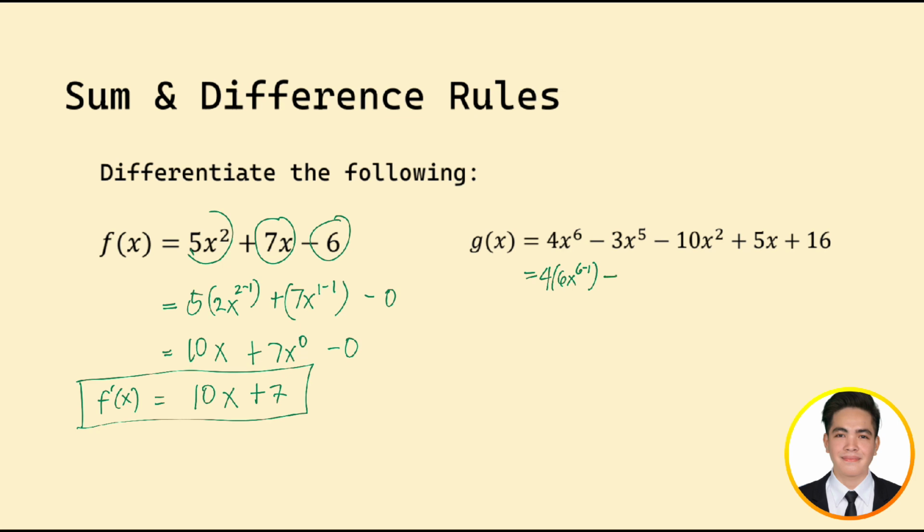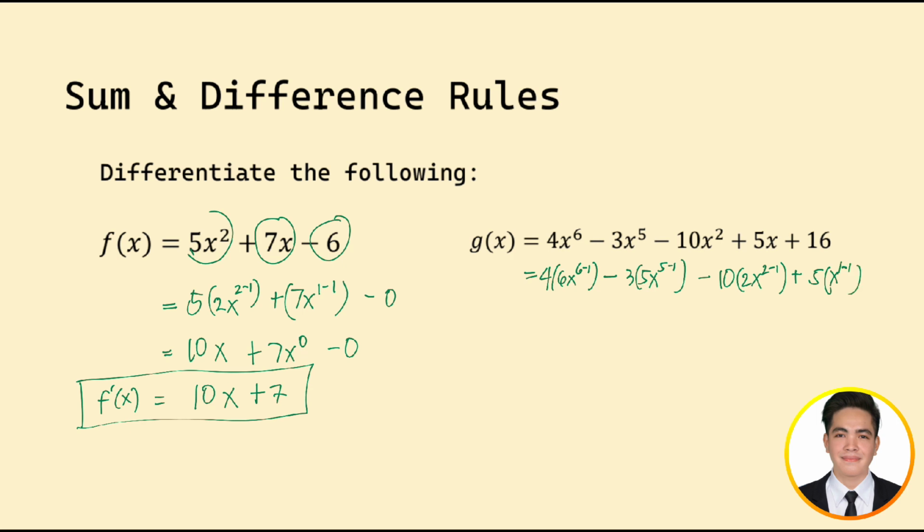So 3 times 5x. 5 minus 1 is 4. And then, this third term is 10 times 2, kasi yun to yung, x raised to 2 minus 1. And then, the fourth term, plus 5 times 1, we don't write 1 anymore, x to the 1 minus 1.